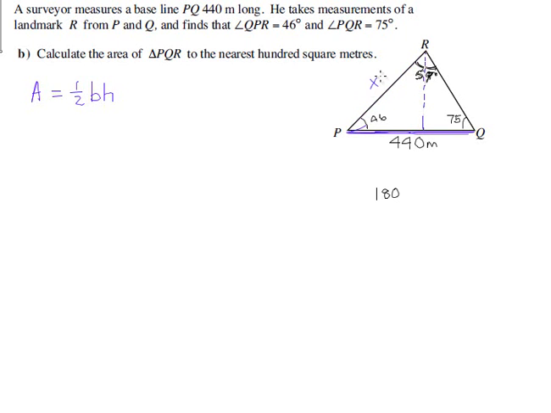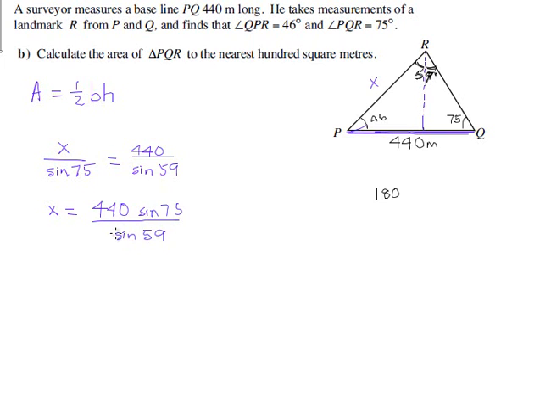We'll just say this is X, and we can find it using the sine law. The sine law says X over sine 75, that's this side and the opposite angle, equals 440 over sine 59. Well, I have one of those. So that side X, if you cross multiply, has to be 440 times sine 75 divided by sine 59.